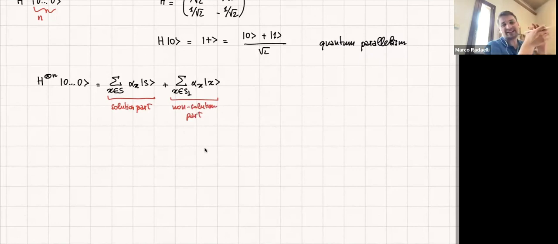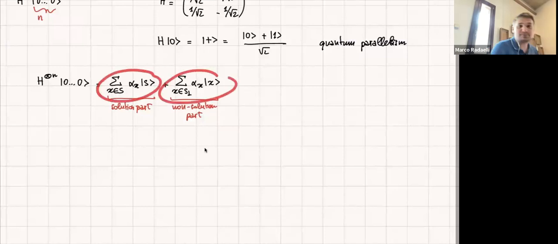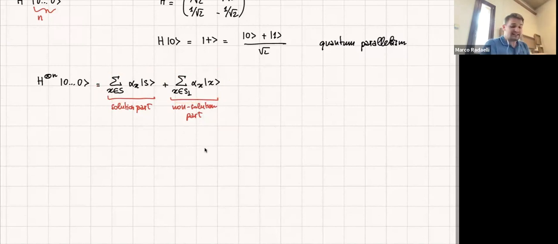This means that the entire dynamics will take place in a sort of bidimensional space. Now, it's clear that the dimensionality of this object here and of this object here is much larger than just one. They are relatively large spaces, but we can think of them as a bidimensional space, which means that all the solutions will undergo the same dynamics, and all the non-solutions will undergo the same dynamics.